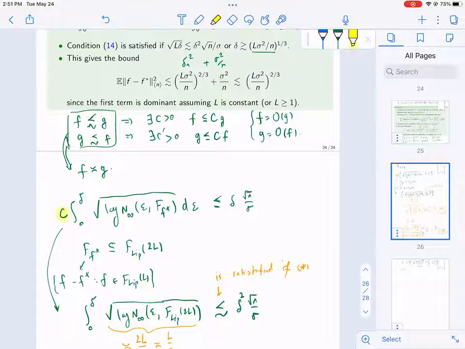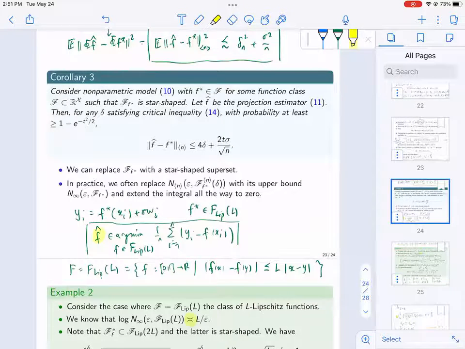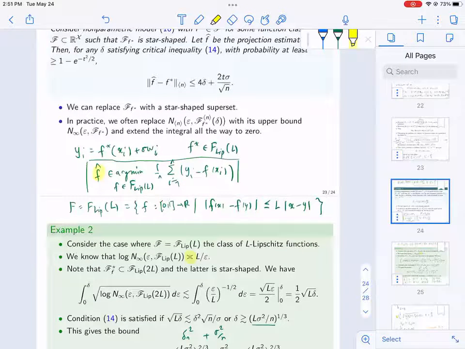The main point is that this is not a finite dimensional class. You're approximating a Lipschitz function by endpoints, and also doing it under noise. It's not an easy problem.